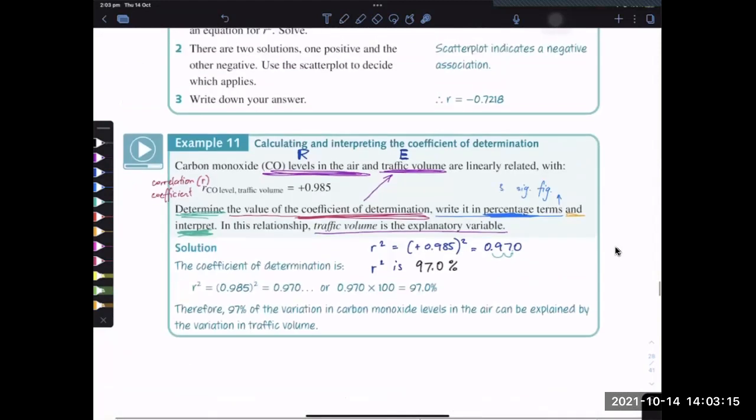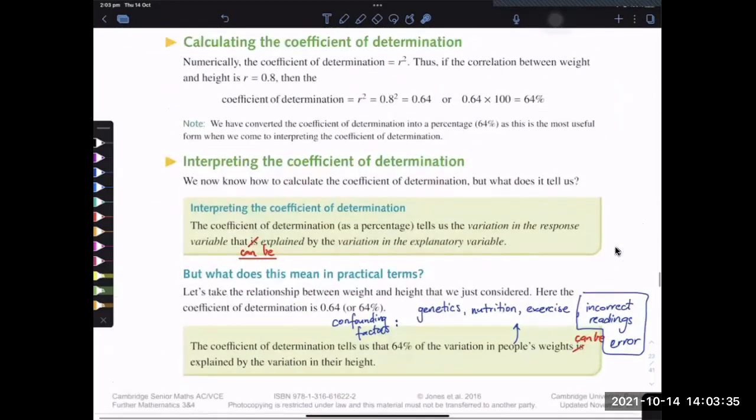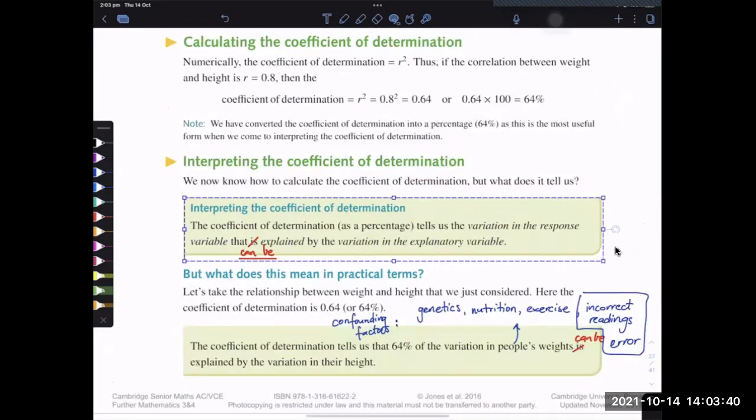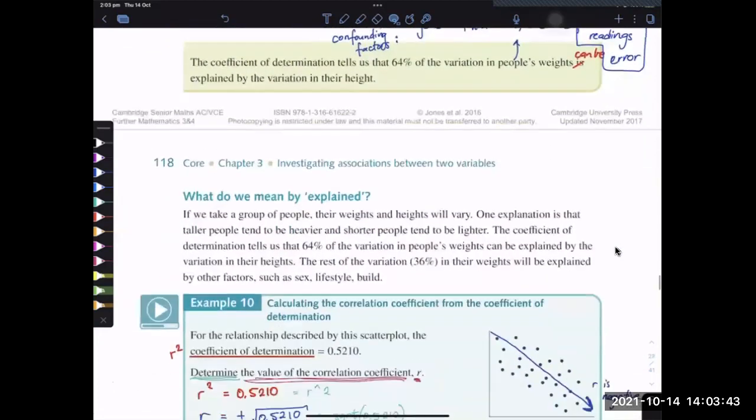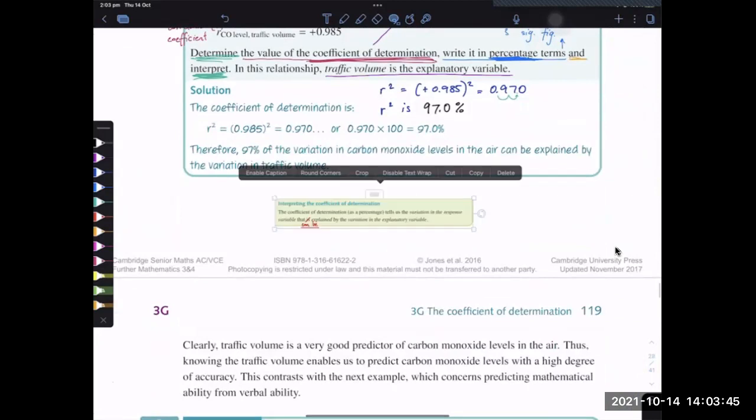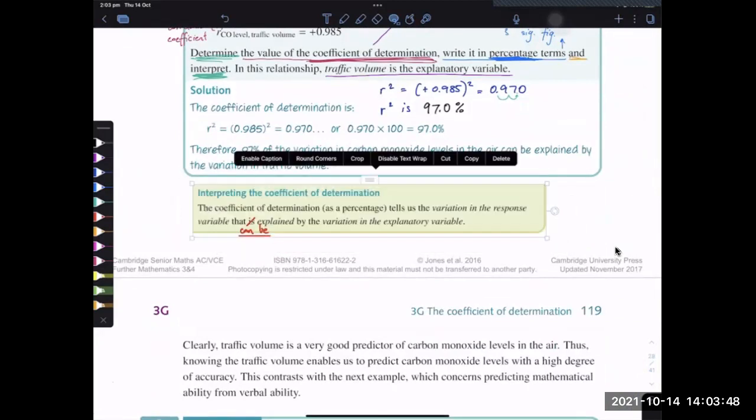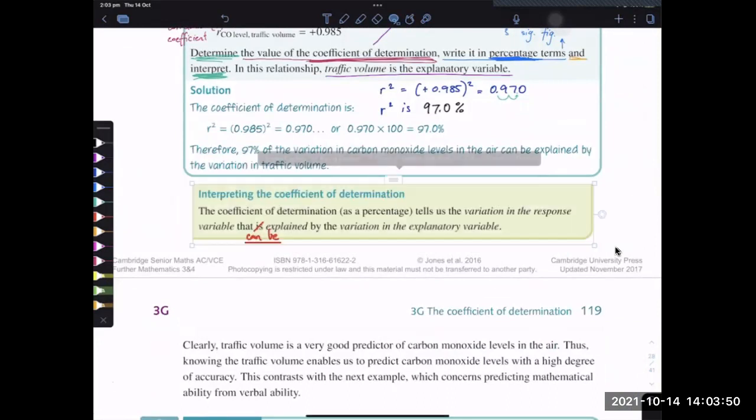So let's read through again. Determine the value of the coefficient of determination. Yes, we did. Write it in percentage terms. Yes, we have. But then it says, and interpret. So we can go back up to the structure here, and see, this is why it's important for us to have notes ready.